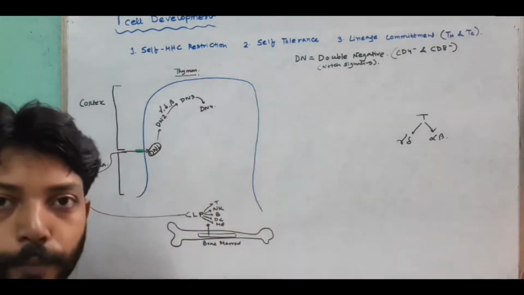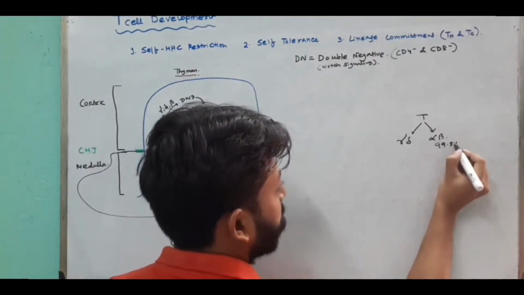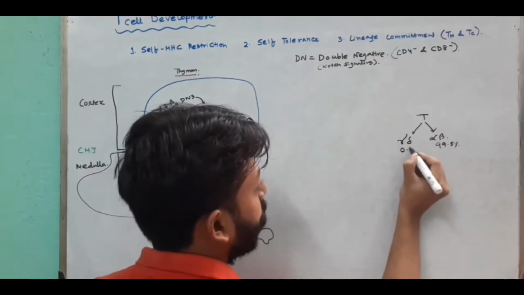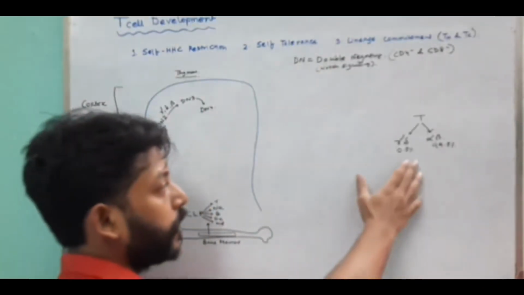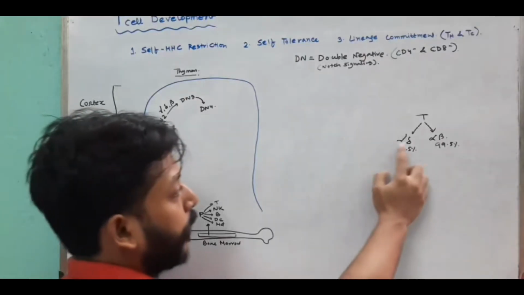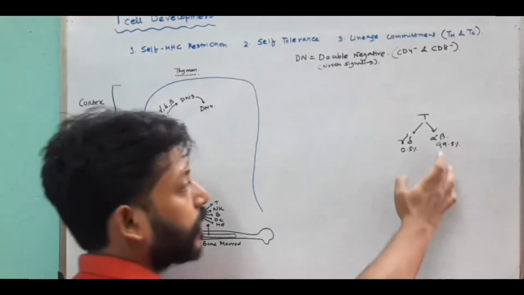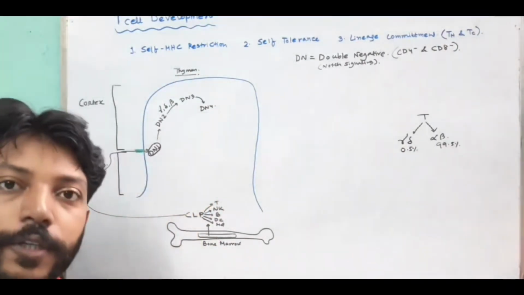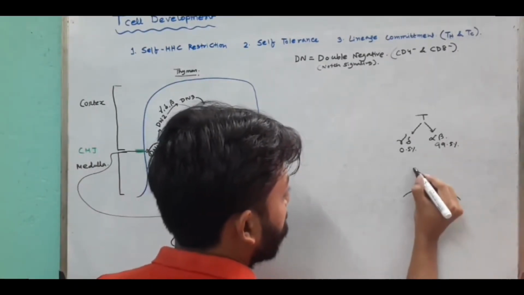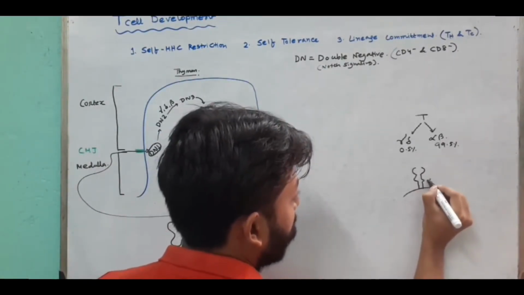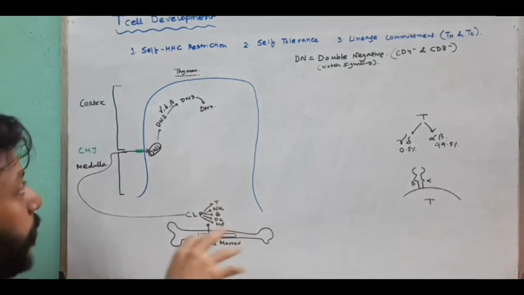In the adult human body, alpha beta T cells are 99.5% and gamma delta 0.5%. Very rare cell population. It actually helps in mucosal immunity. This gamma delta chain is a chain of the T cell receptor, and this alpha beta chain is also a chain of the T cell receptor. If you assume that this is the T cell, then this is the alpha and this is the beta chain. Looks like this. So these are the chains.